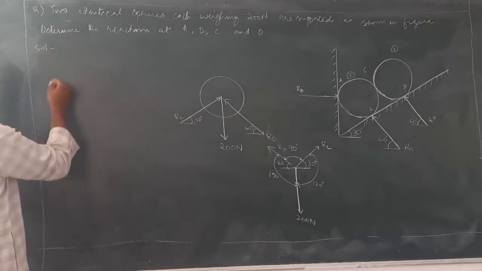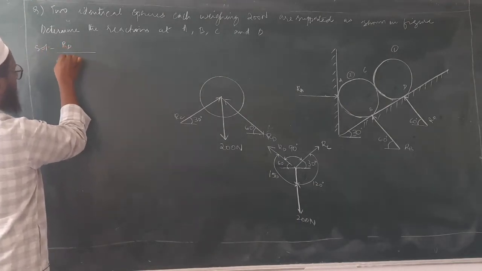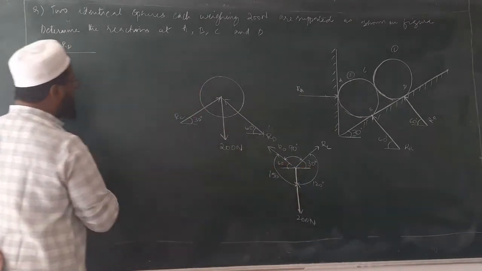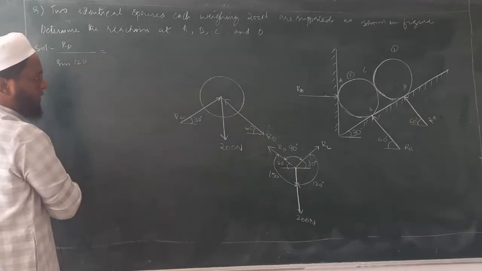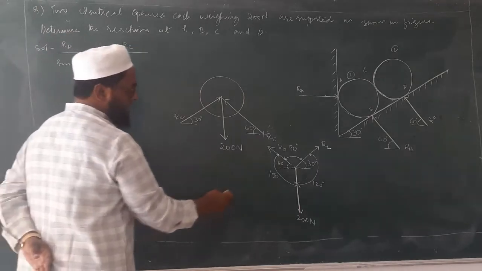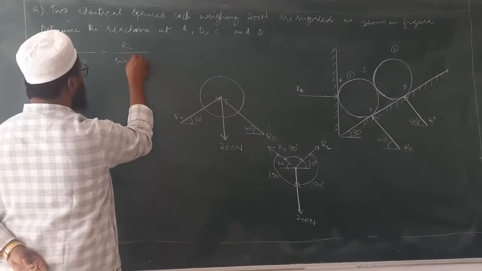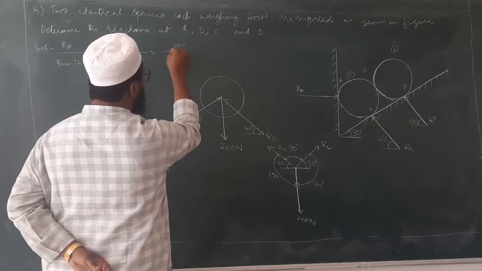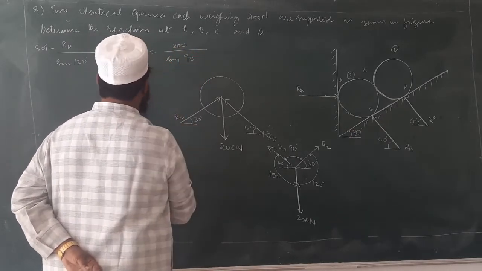So what happens? RD by sine of the angle between the other two forces, that is sine 120, is equal to RC by sine of the angle between the other two forces, that is sine 150, is equal to 200 by sine of the angle between the other two forces, that is sine 90.